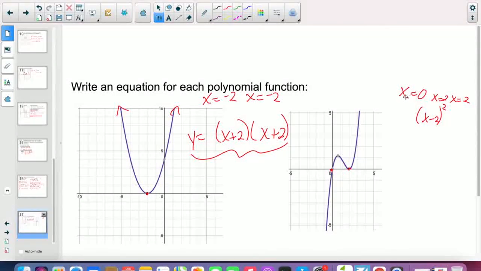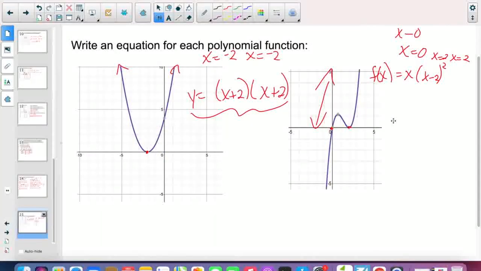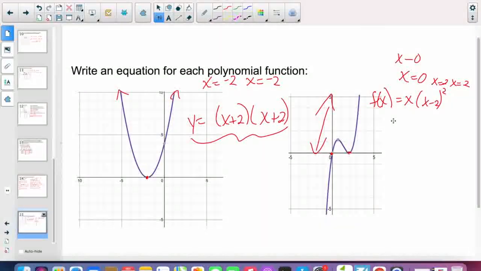Then if x equals 0, well, technically, wouldn't that be either x minus 0 or x plus 0? So that's just a factor of x. So we need the x in front. This one is going in a positive direction, so we know there's a number in front that's positive. We don't know what that number is, and I'm just going to set that one equal to f of x. Again, you could use y instead of f of x. Doesn't matter a bit. So that's a look at the degree, the type of function, and the end behavior of graphs.